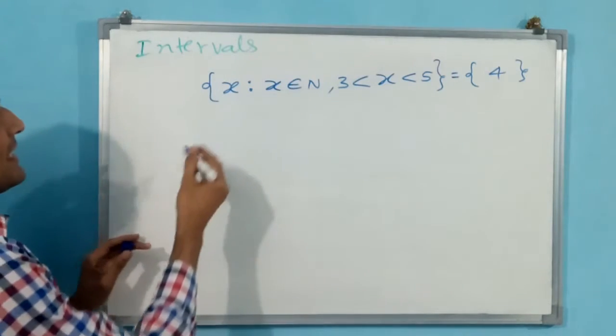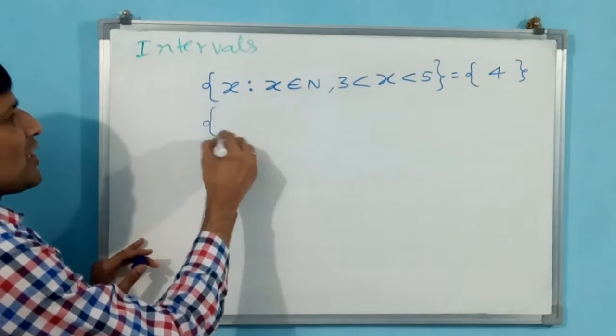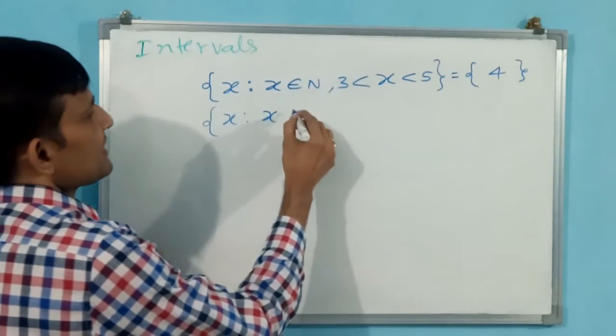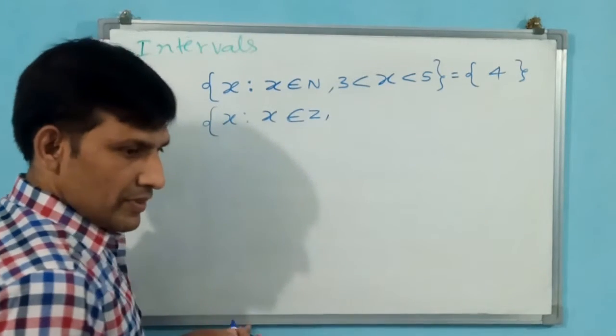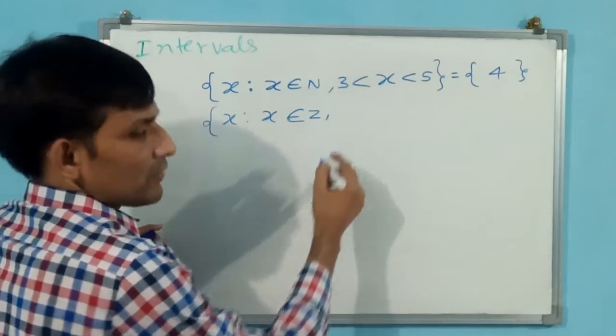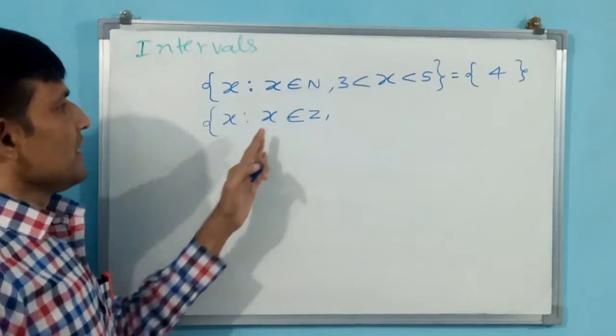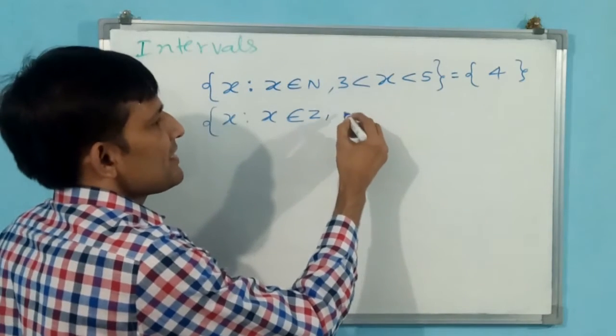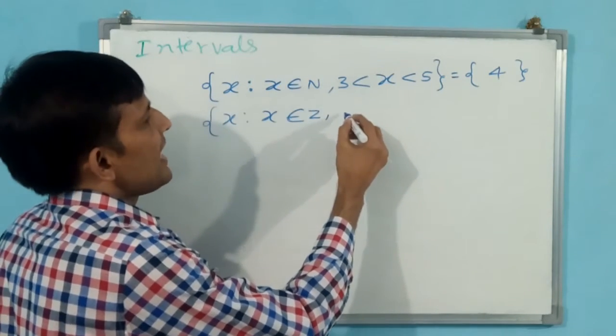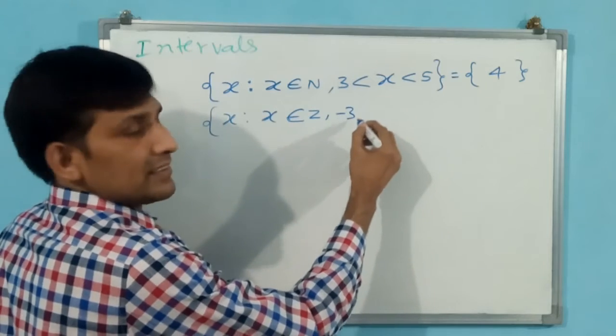This you understand. Okay, now I am writing the same concept. x belongs to Z. Same thing if I write, but not 3 here, I will write minus 3. Why?